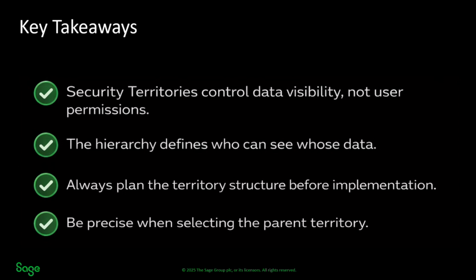If you're in a parental territory, you can see that territory and all of the data below that hierarchy. So somebody in Europe can see Benelux and DACH. Somebody in US and Canada can see US West and US East. But if they are in US East, they can only see the data at that level.